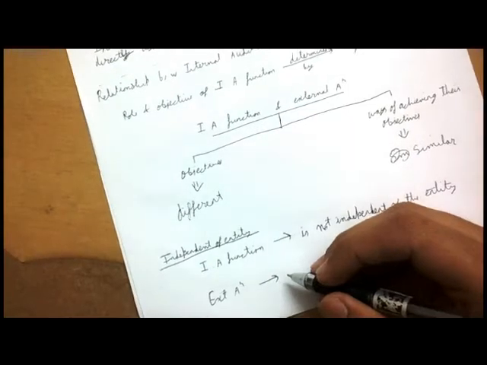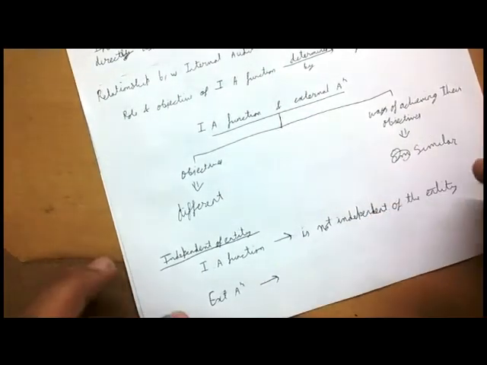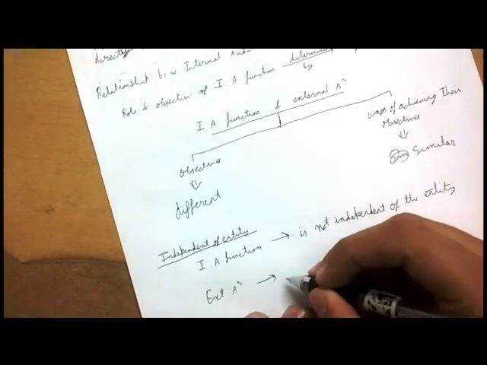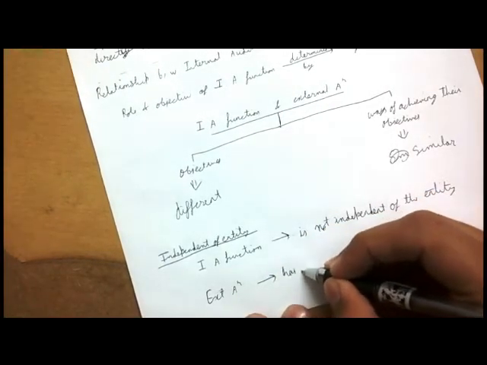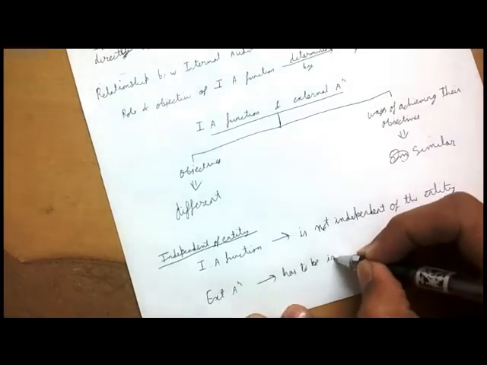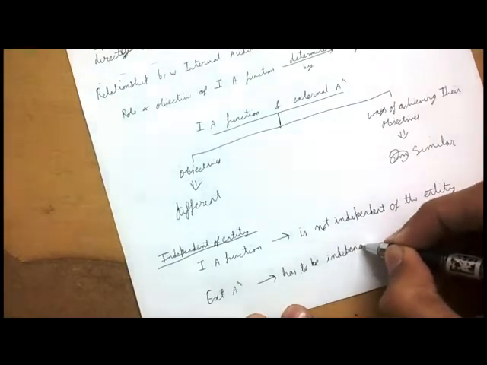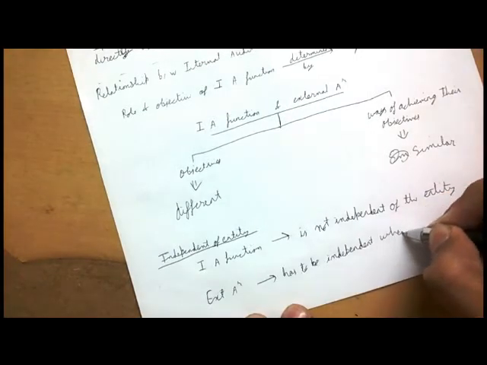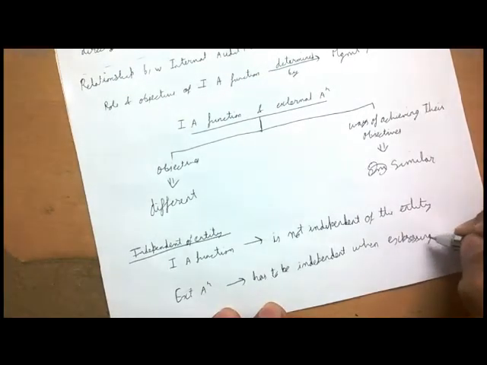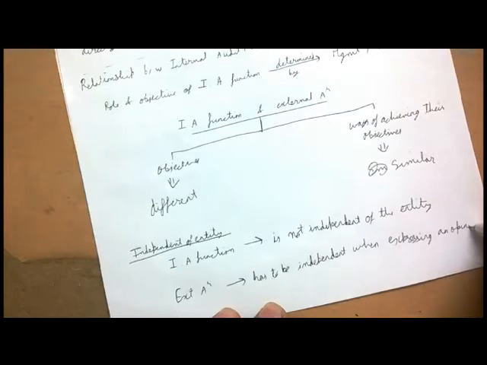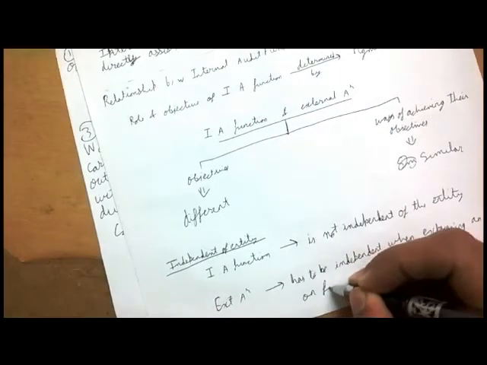Because it is the management and those charged with governance who provide its role or objective, etc. So it can never be independent of the entity, while the external auditor has to be independent of the entity while expressing an opinion on the financial statements.